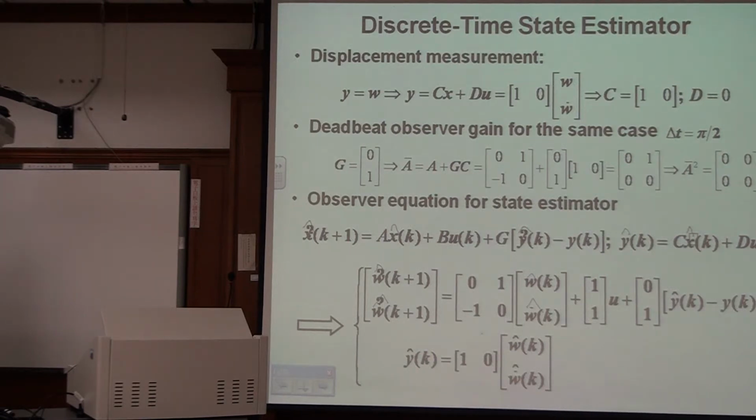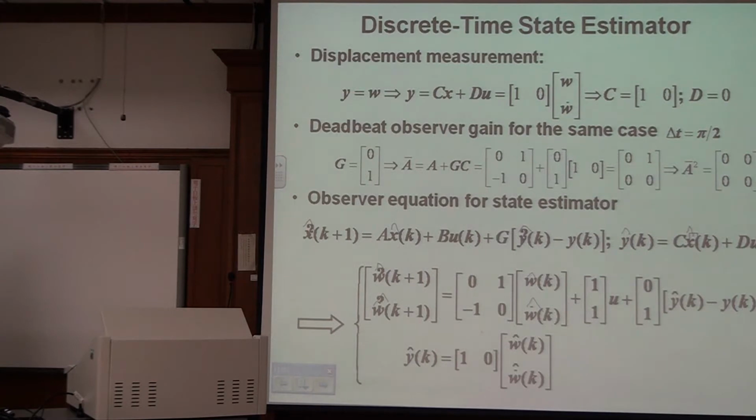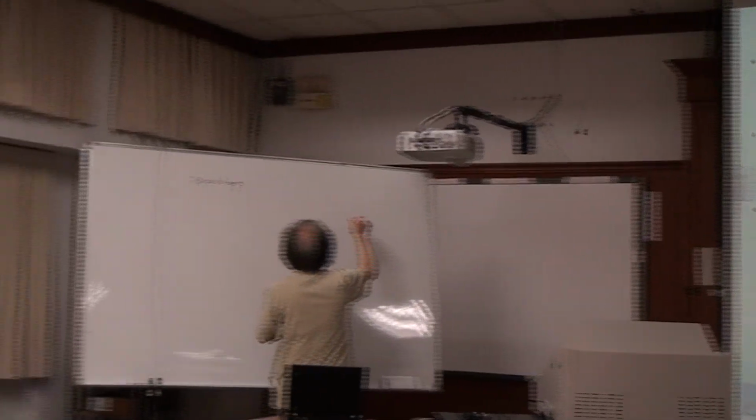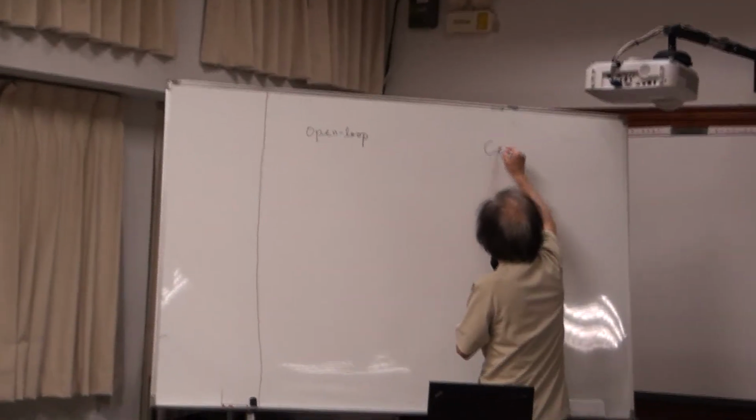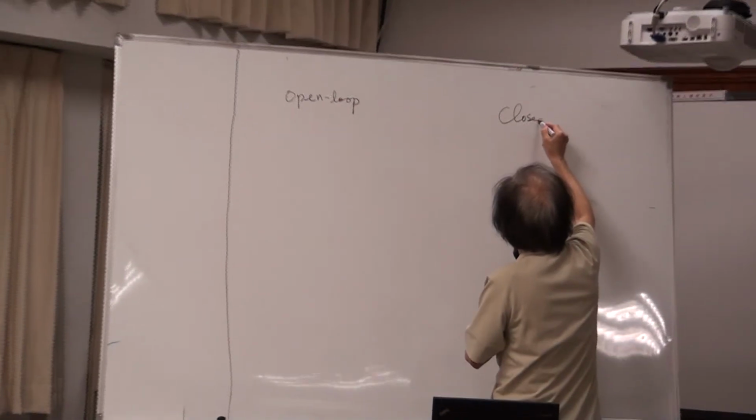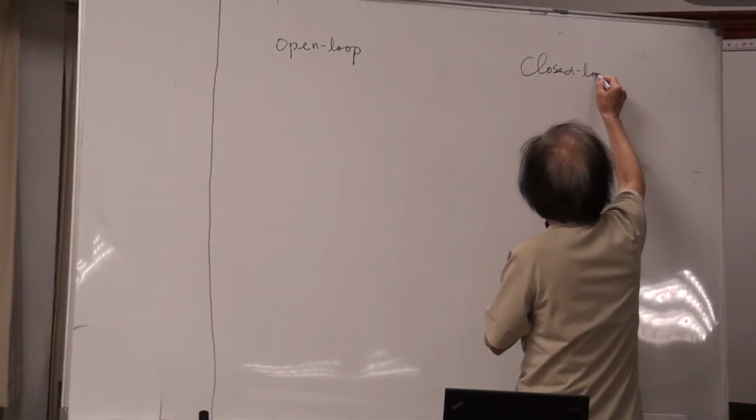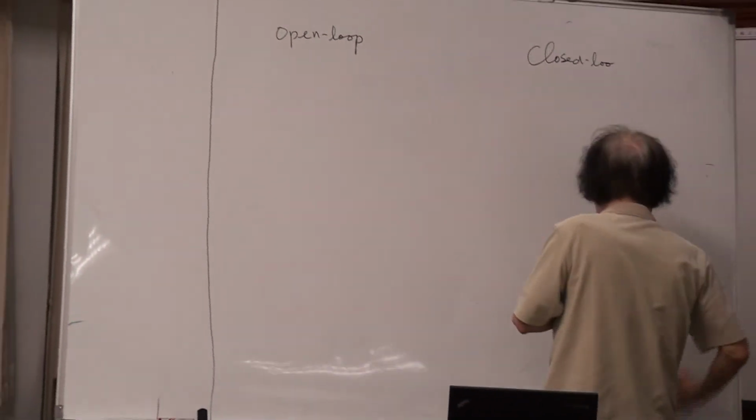So here we have open loop. Again, we have open loop observer. That means we don't have the G equal to 0, and we have a closed loop. That's not called closed loop.